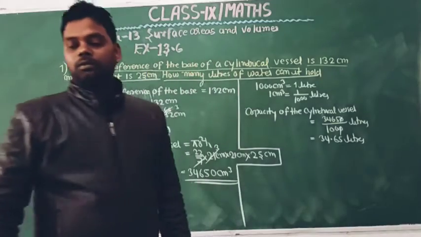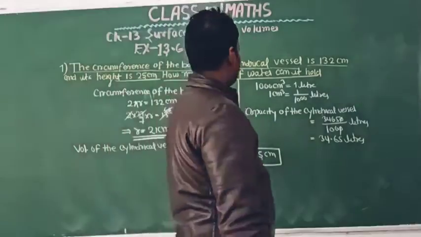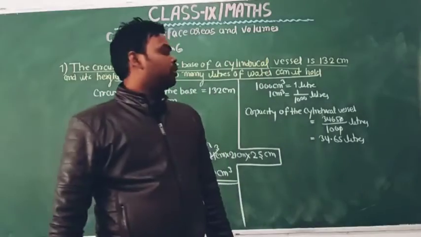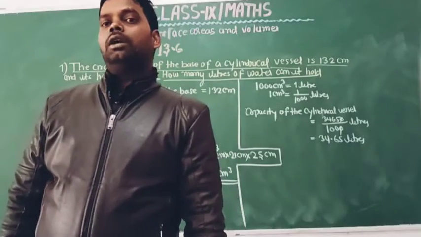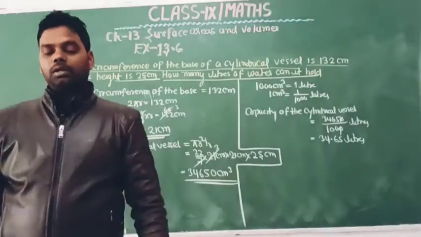So the total capacity of the cylindrical vessel is 34.65 liters of water. So this is the required answer of this question.